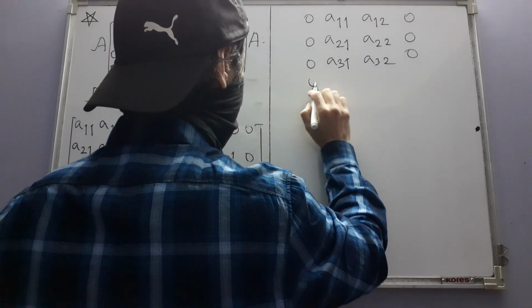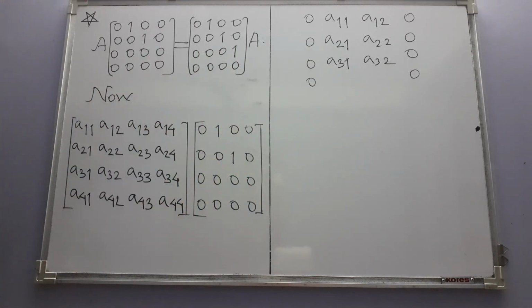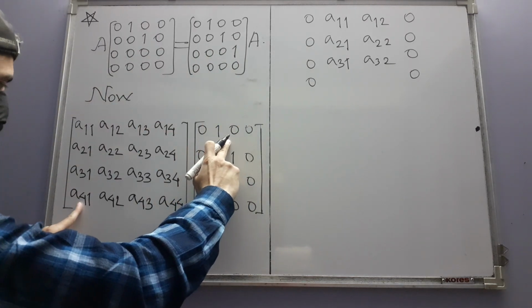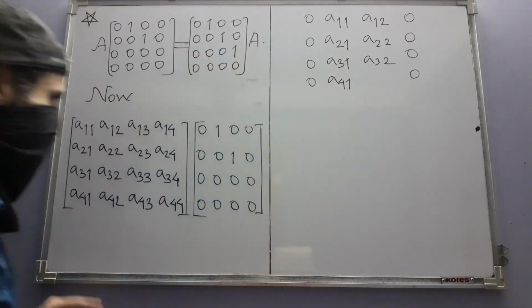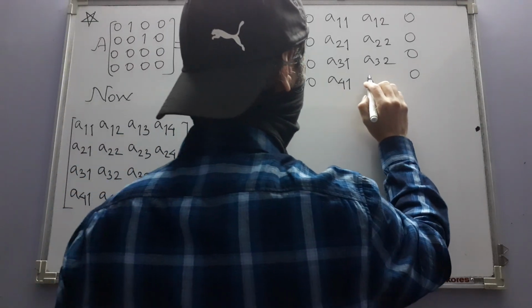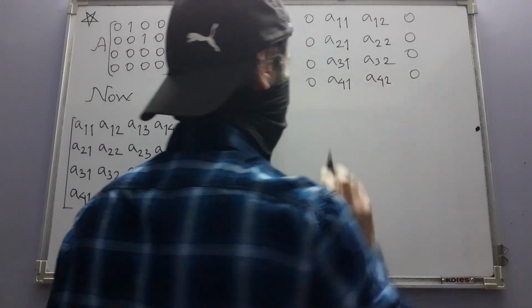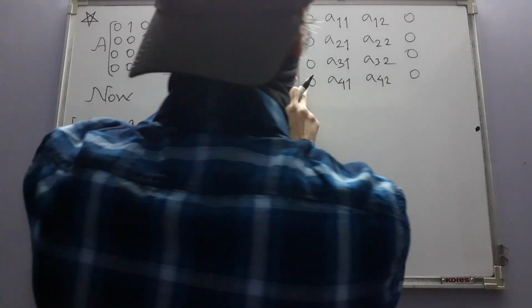The first and the fourth entries are of course 0 because of these 0 columns. A41, now same pattern. A42. So this is our product matrix, one of the product matrices.